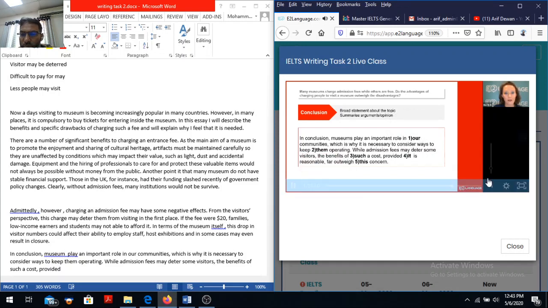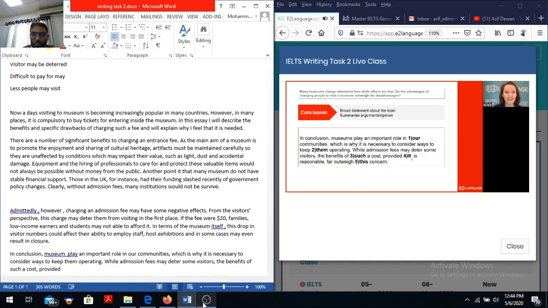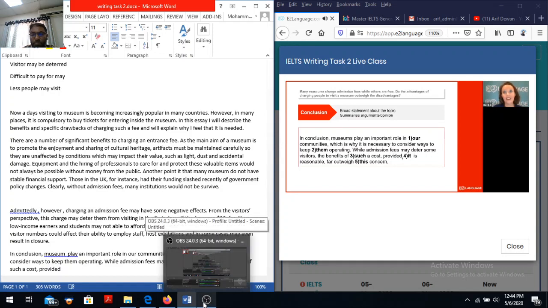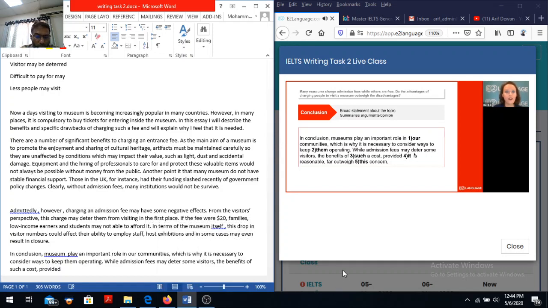That is incorrect for number 4. This or that. Okay, let's have a look at number 4. So while admission fees may deter some visitors, the benefits of such a cost, provided that it, you could say provided that, yes, provided it is, that's right, provided that it is fine as well. But you do need the it, because that refers to the cost.